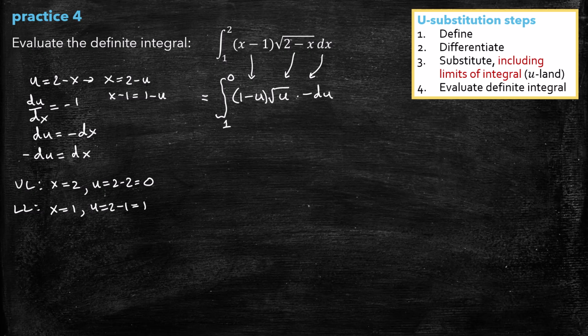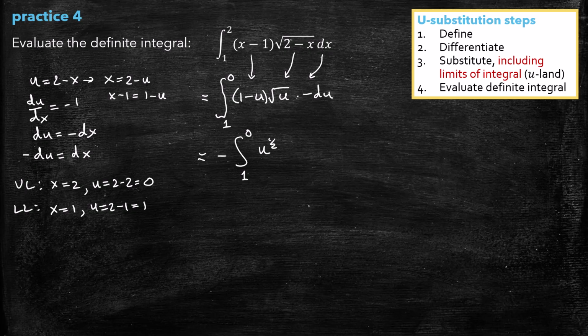Now, that negative here, I'm going to bring that outside the integral. And you have to realize that this product, you have to distribute first in order to be able to take the antiderivative. And while I'm at it, I'm going to use exponents. So square root of u is u to the half.